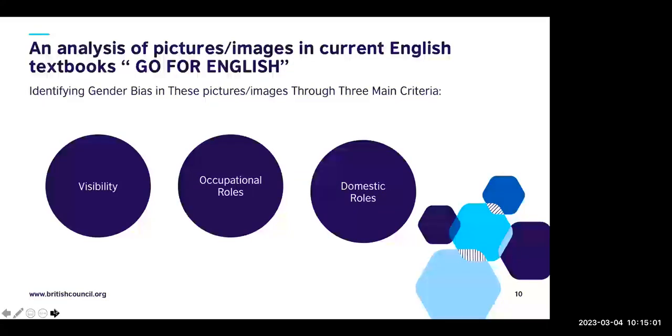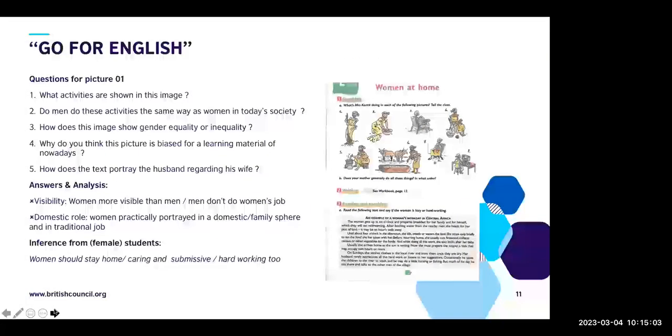Next slide, please. Okay, if we take this picture, for example, you have women at home, and underneath you have a text. I have coined a set of questions just to help participants, if we have time, to find answers to them.